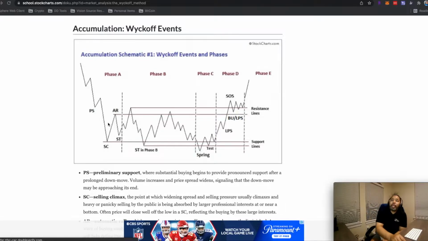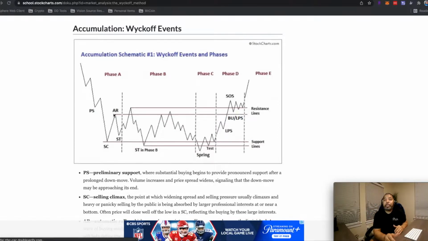Okay. Now, within the accumulation schematic, you have different symbols that identify the different parts and phases within the schematic. For example, when you see price break down and you start to see maybe equal lows, or price is stopping within the same area, and from the initial stop, which is the selling climax, price impulses up, from here you can start visualizing your accumulation schematic.